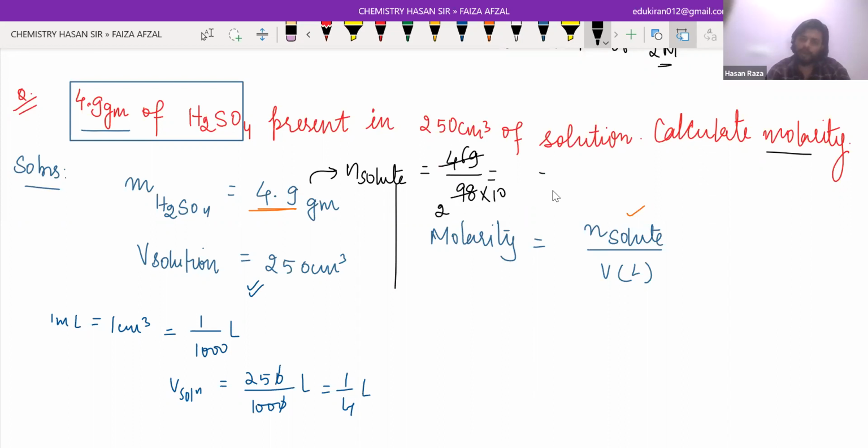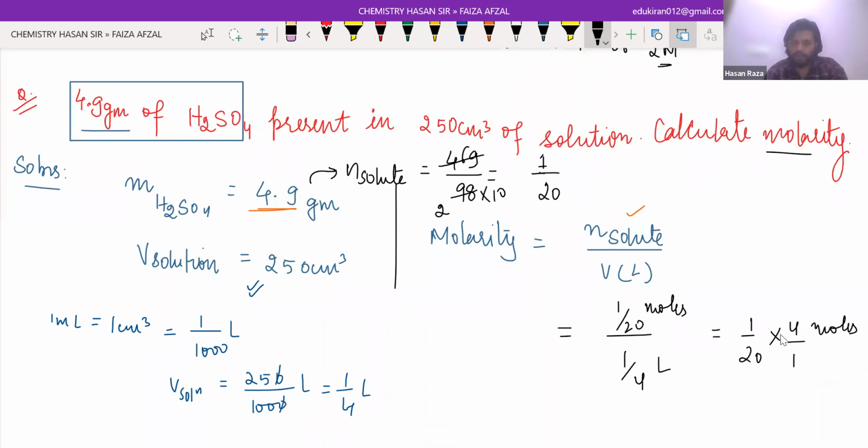So the number of moles will be 1 by 20. Now I'm putting in the values: number of moles of solute is 1 by 20, and volume of solution in liter is 1 by 4. This is your moles and this is your liter. I'm writing the units so that we know the unit at last. So I solve 1 by 20 times 4 by 1, with moles over liter.